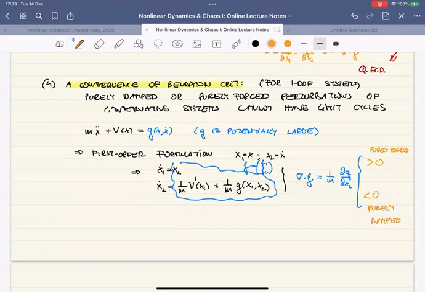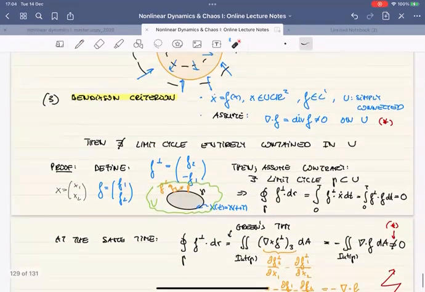And the immediate conclusion is that, imagine that on the whole plane, or at least on the domain of interest, no matter how large it is, it's either purely forced or purely damped. That means that the divergence never hits 0, it has a constant sign. So it doesn't matter what you pick for U, you will always satisfy the assumption of the Poincaré-Bendixson theorem.